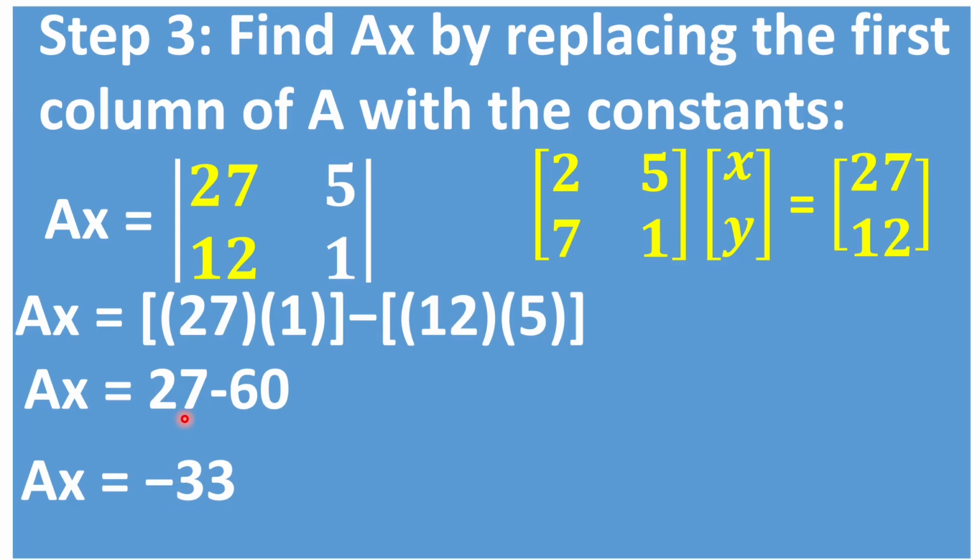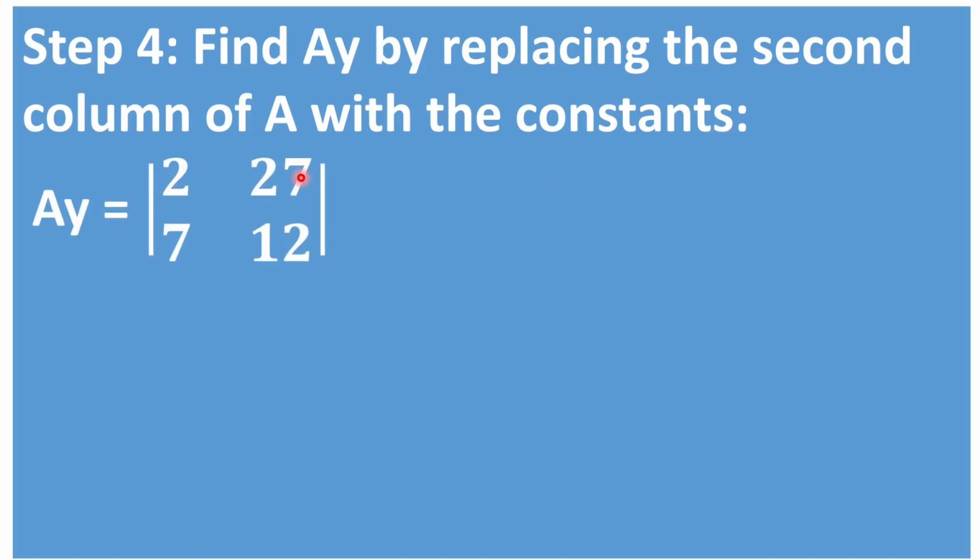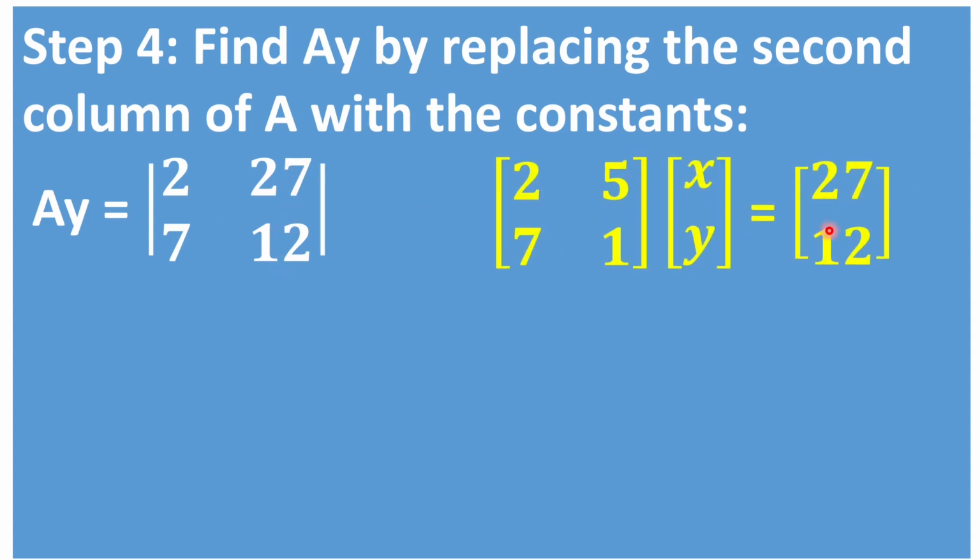And then, in the next step, we will find Ay. So for Ay, we will place these 27 and 12 over here. So let's do this step: find Ay by replacing the second column of A with the constants. So this is our first column, same values, and we have replaced the second column by the constants.